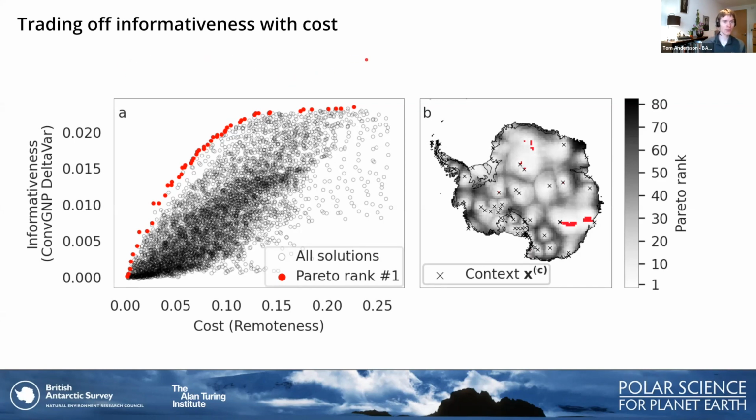But nevertheless, the way you can trade off informativeness with cost is with multi-objective optimization, which we demonstrate here, where we use what's known as Pareto optimization, which can operate over any number of objectives.